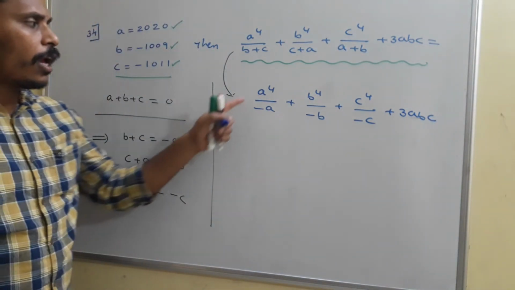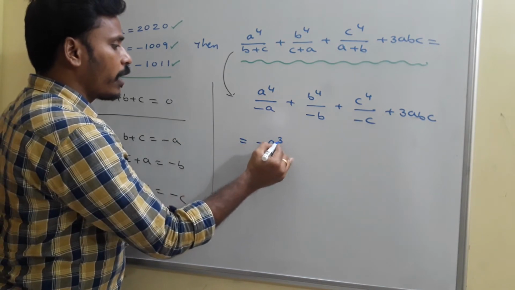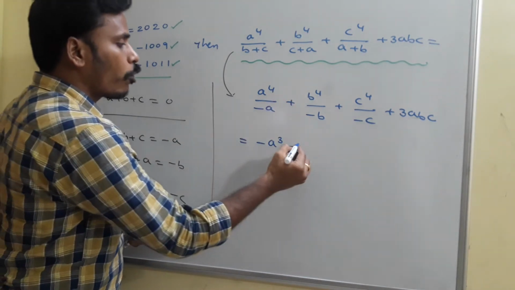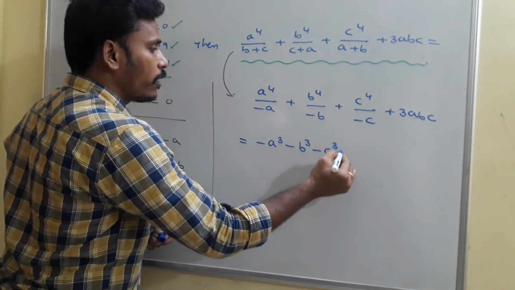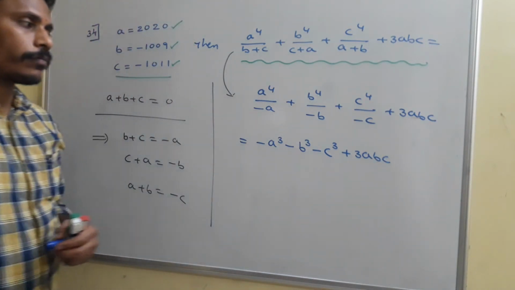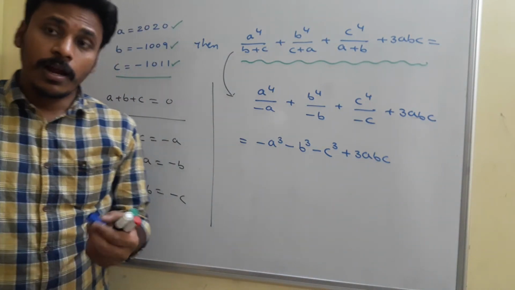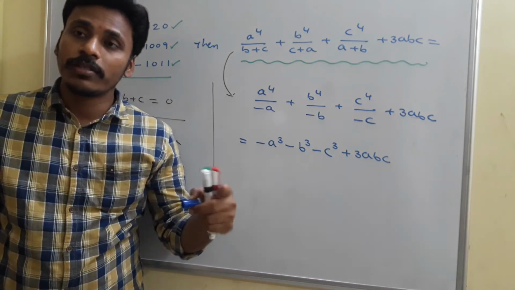And now a power 4 by minus a is just minus a cube, b power 4 by minus b is minus b cube, c power 4 by minus c is minus c cube, plus 3abc. Right. And now since a plus b plus c is 0, there is a chance to use the same logic.